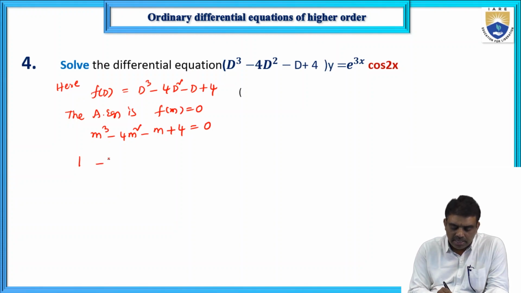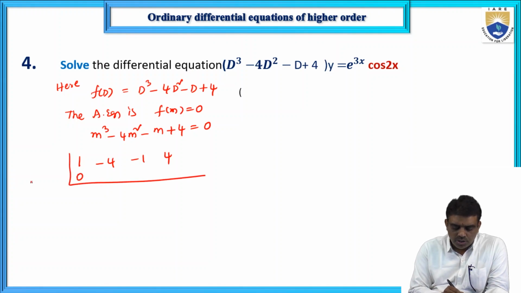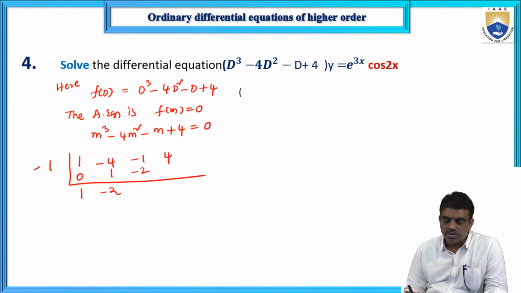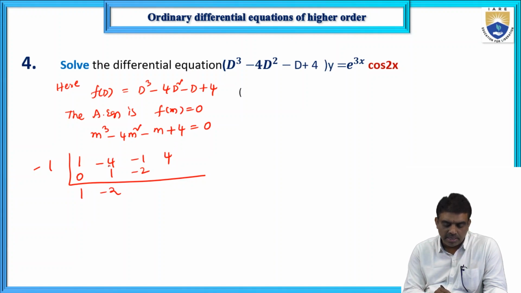So 1, minus 4, minus 1, 4, and 0. 1 ones are 1, minus 2, 1 into minus 2, that is minus 2. So 1 is not the root of the equation. You'll put another value, minus 1. 1 minus 4 minus 1 plus 4.